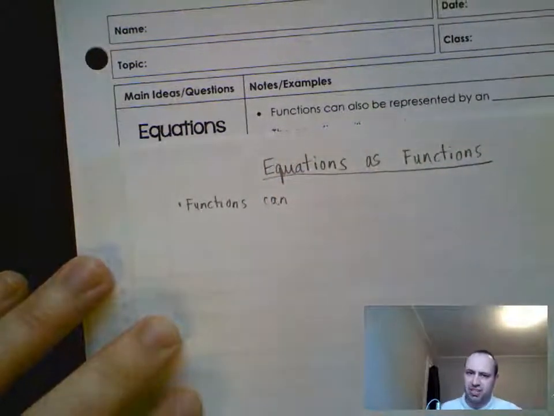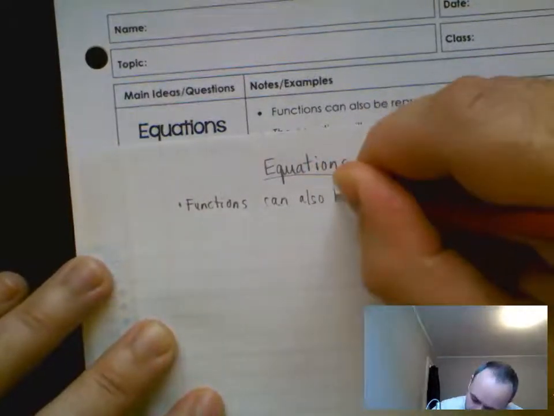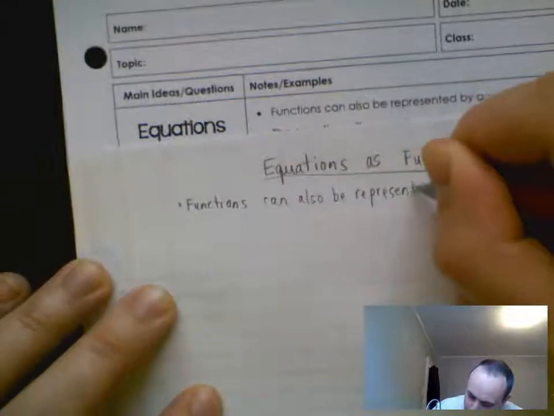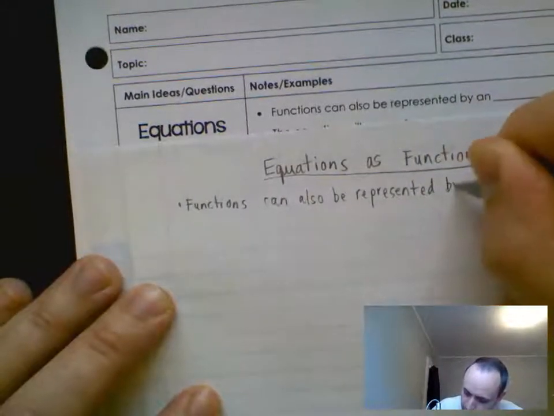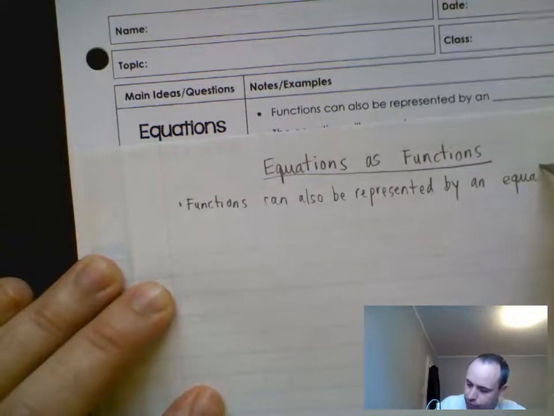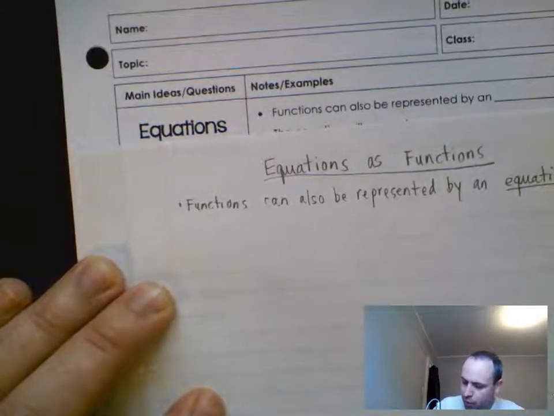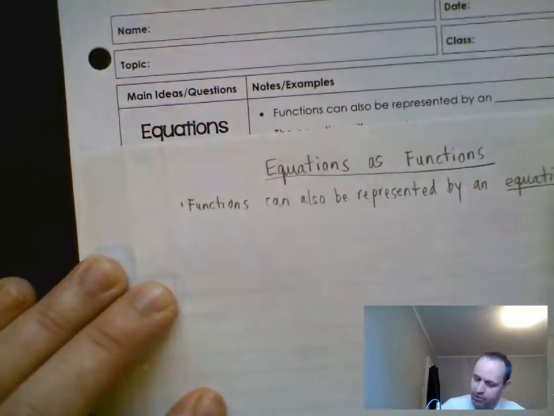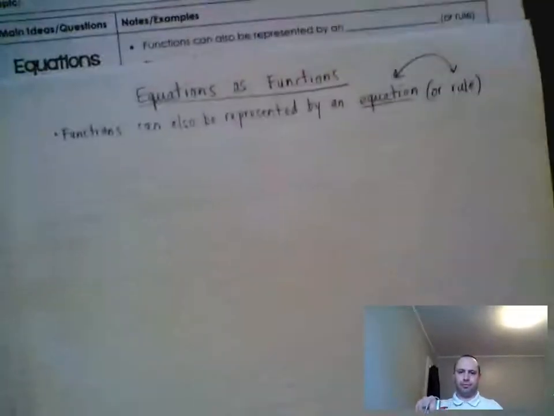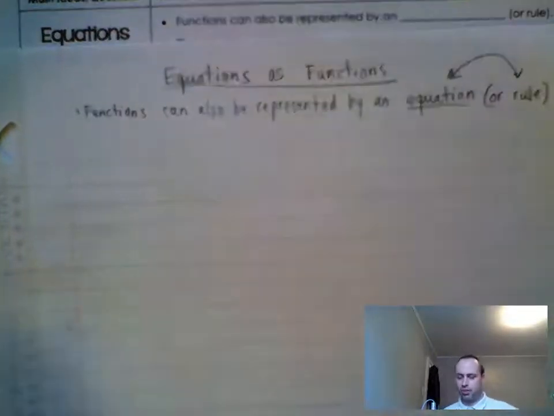We're going to write down: functions can also be represented by an equation, or sometimes we call this a rule. Sometimes we call the equation a rule. Functions can also be represented by an equation or rule.